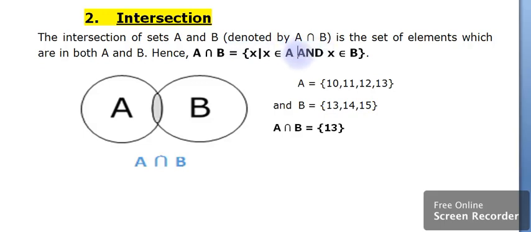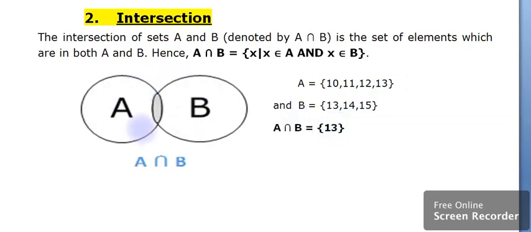The element must be in set A and also in set B. For example, consider set A, which consists of the elements 10, 11, 12 and 13. Set B also contains 13, 14, 15. Which is the common element here? Yes, 13. So A intersection B is 13.